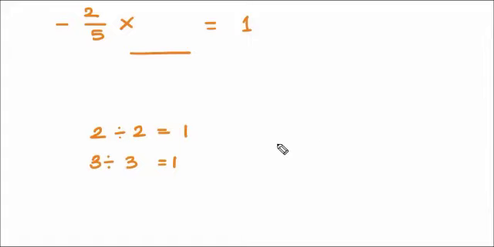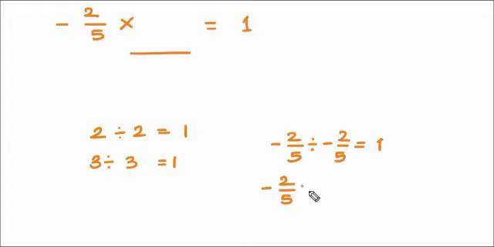So if I have minus 2 by 5 and I want to get the answer as 1, I should divide minus 2 by 5 by minus 2 by 5. When we talk about division of rational numbers, the dividend remains the same.